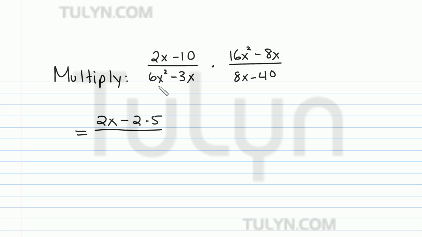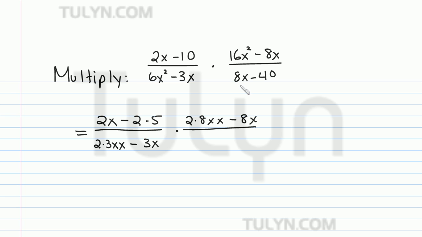And then the denominator, there's a 3x in common, because 6 can be written as 2 times 3, and x squared is just x times x, and then minus 3x. And for the numerator of the second term, there's an 8x in common, because you can write this as 2 times 8 times x minus 8x.